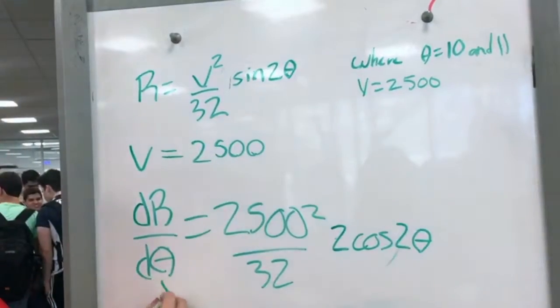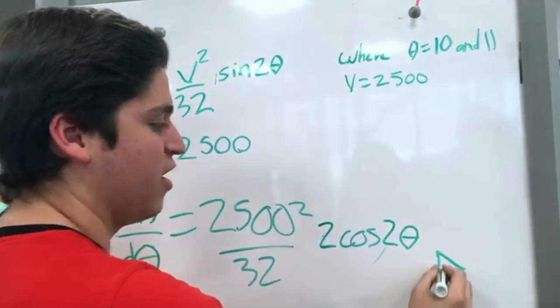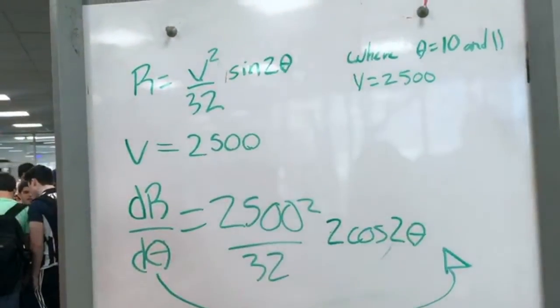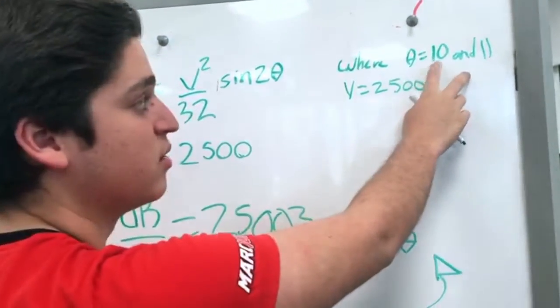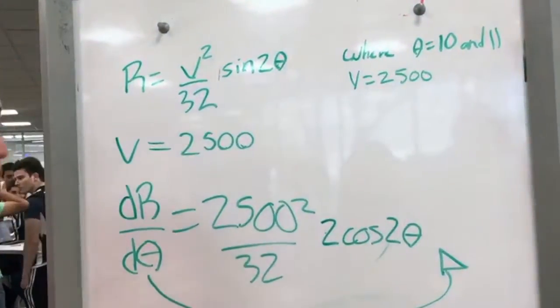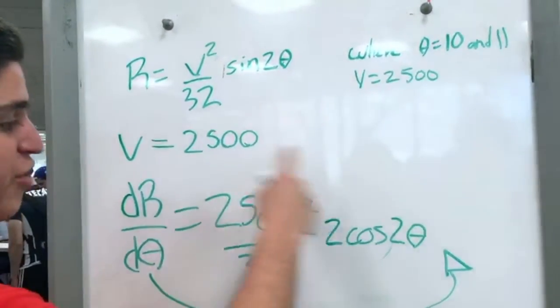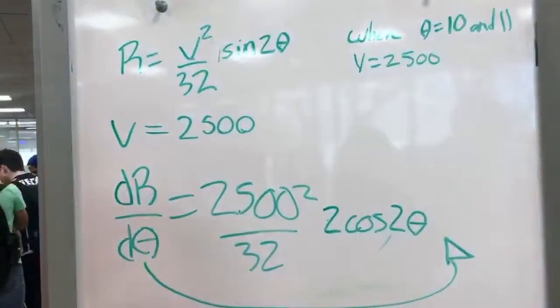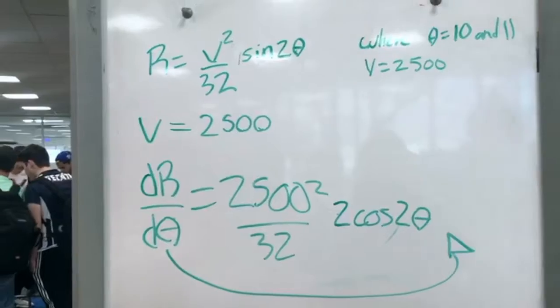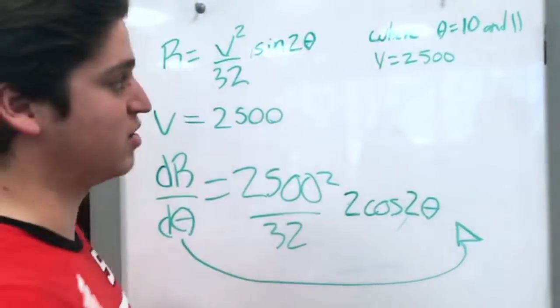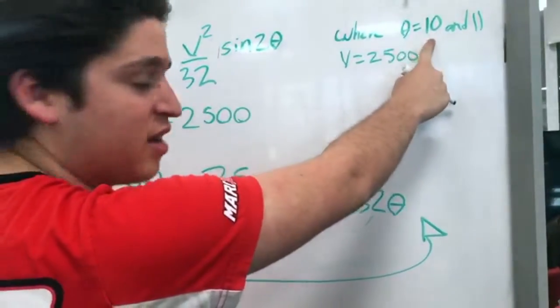We then have d theta inside to find dr, which will be cancelled by the difference of these two thetas, which equals 1. So we should multiply this whole thing by the difference of this, which is 1. That will give us the same answer. Then we need to plug in the following value, which is theta 1, which is 10.